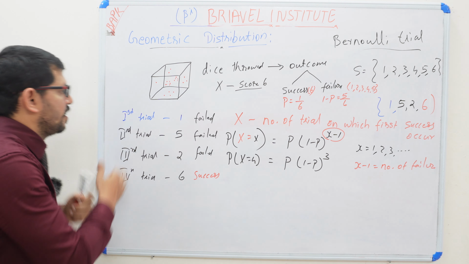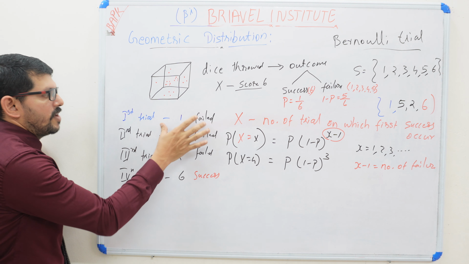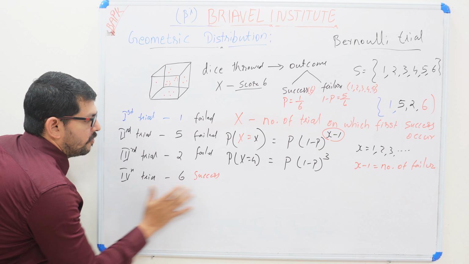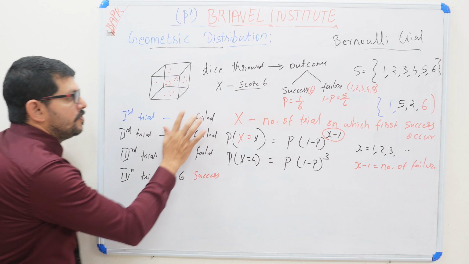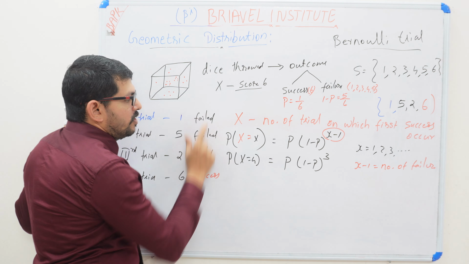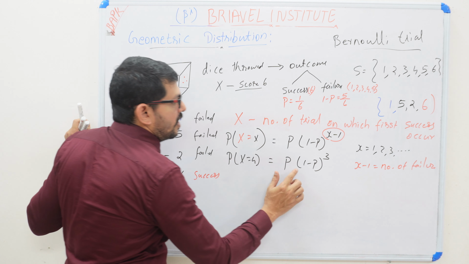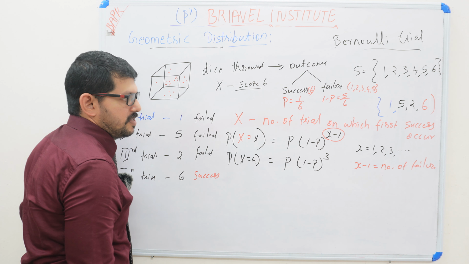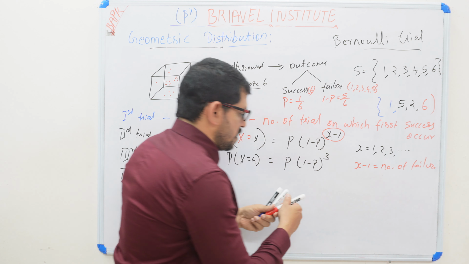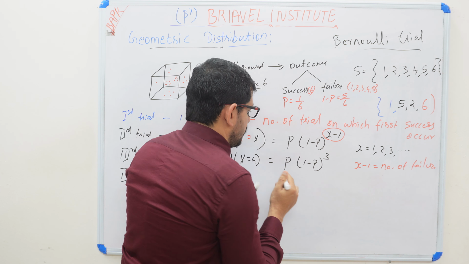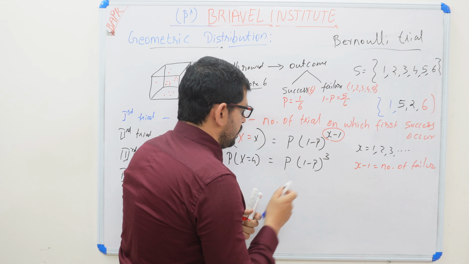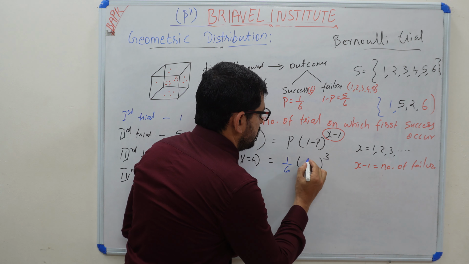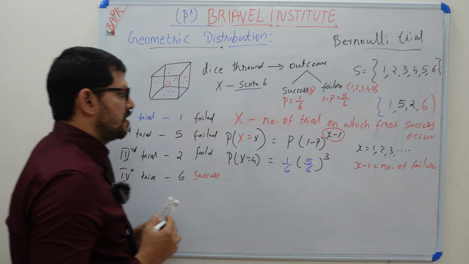Here the first trial failed, second trial failed, third trial failed, and the fourth trial became a success. So probability of X is equal to 4 is P into 1 minus P raised to 3. Here P is equal to 1 by 6, and 1 minus P means 5 by 6. So this is the answer.